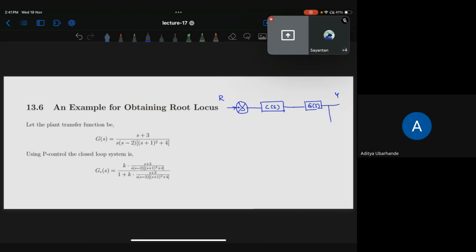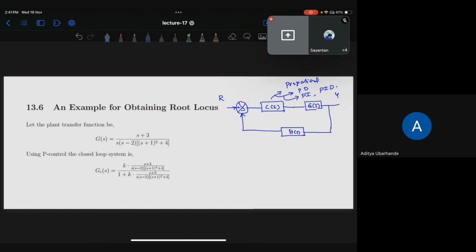From here you have the feedback transfer function H. If you consider this closed loop system, you could have different functions for C(s). You could have proportional, proportional derivative, proportional integral, or you can also have PID controllers.